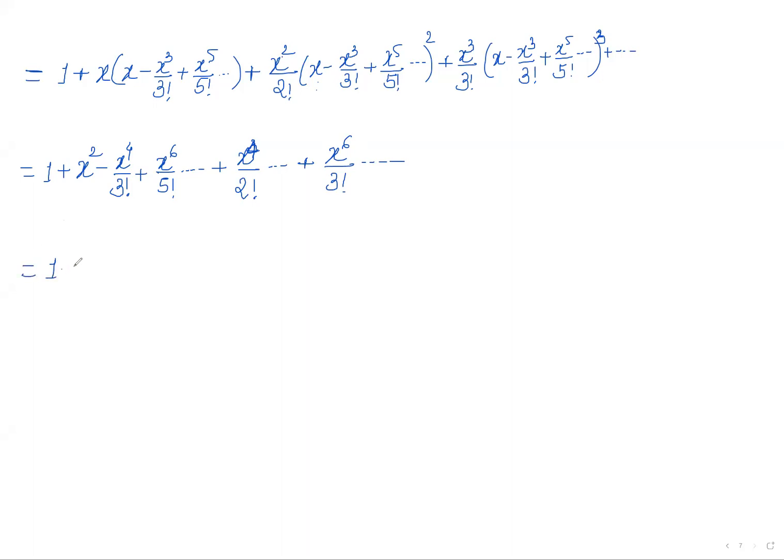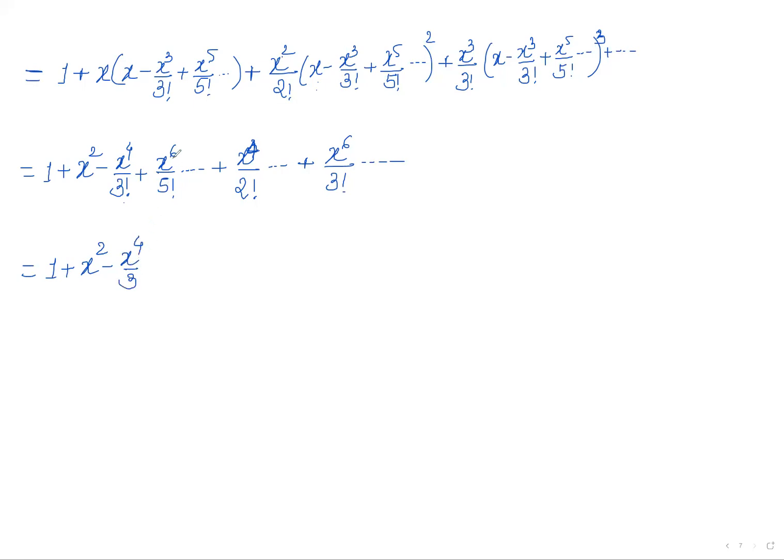So 1 plus x square minus, now see, x raised to 4 divided by 3 factorial and x raised to 4 divided by 2 factorial, what will come here? x raised to 4 by 3, yes, it will be x raised to 4 divided by 3.